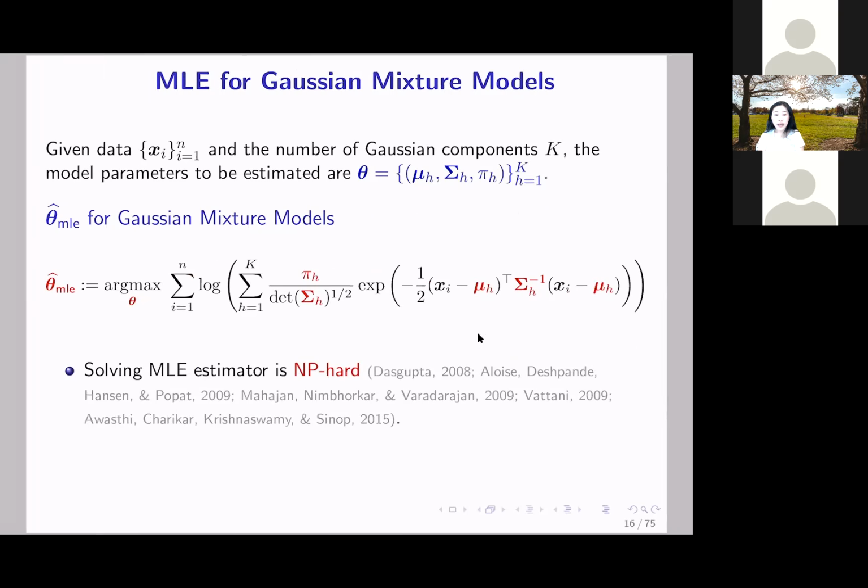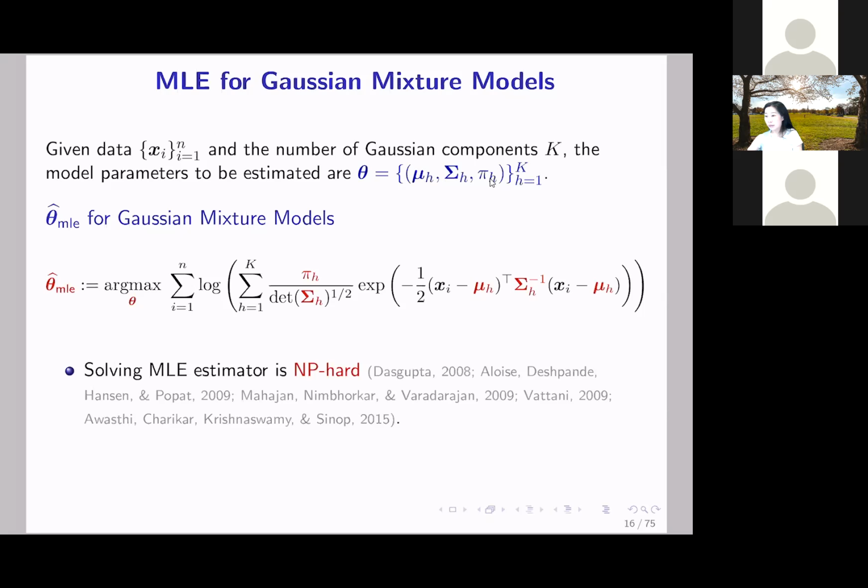So here is a more detailed illustration of how you solve MLE for a Gaussian mixture model. Given data xi from 1 to n and the number of Gaussian components K, so you're in a simplified scenario where you even know capital K, the model parameters to be estimated are the collection of mu h, sigma h, and pi h.